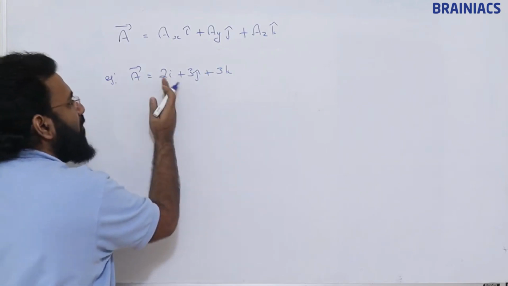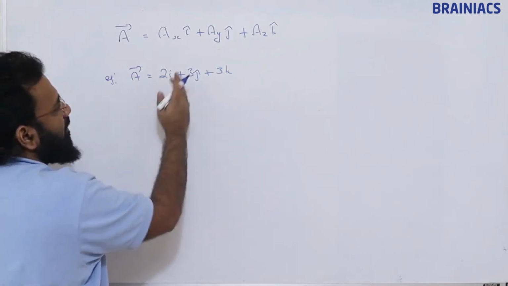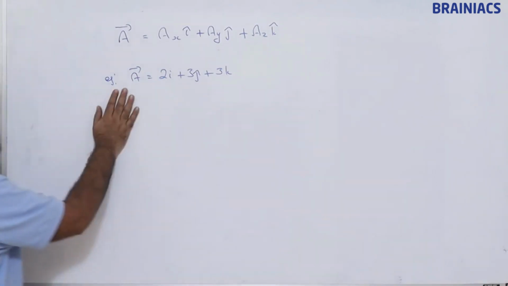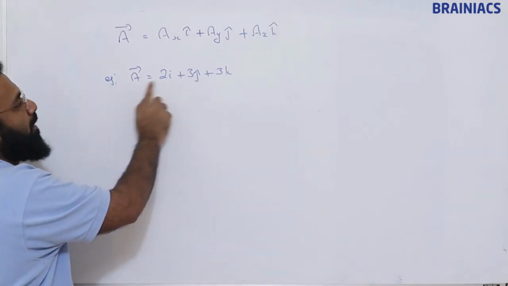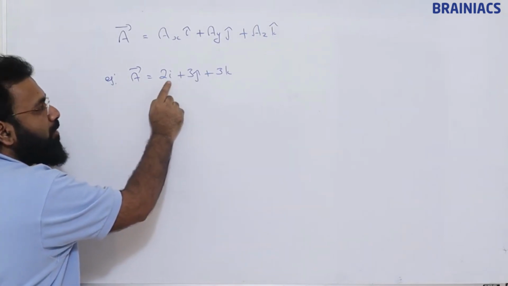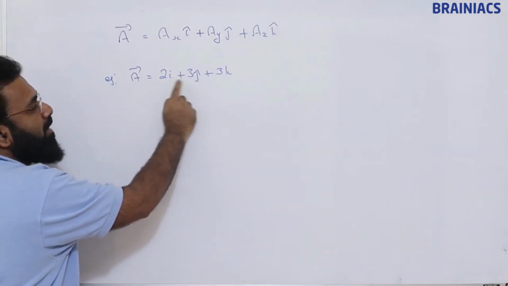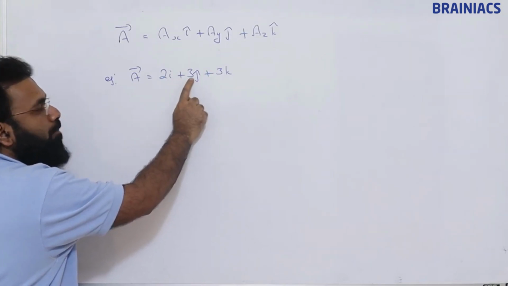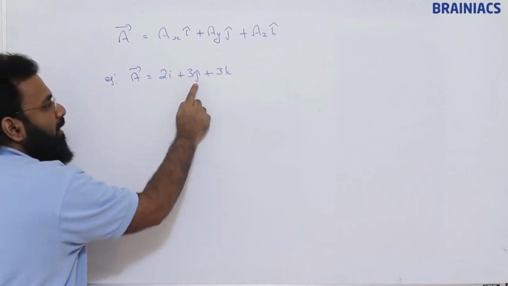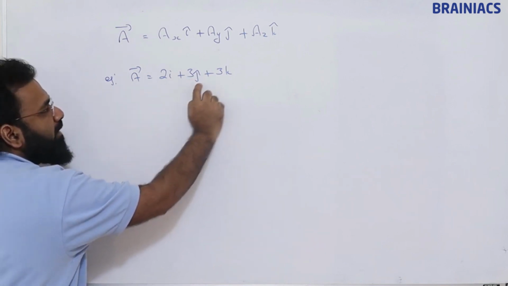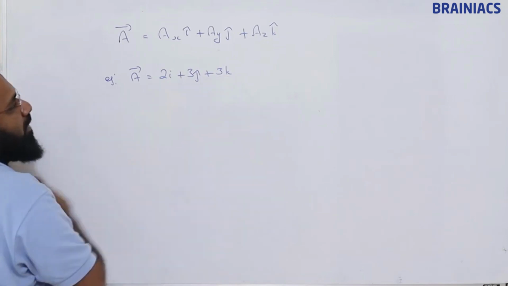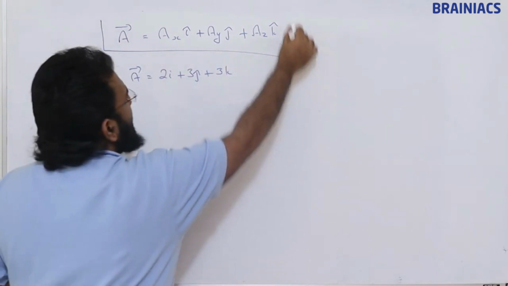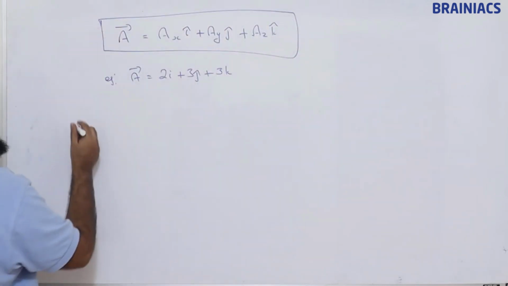So a three-dimensional vector can be understood like this: magnitude into its unit vector in the x direction plus magnitude into its unit vector in the y direction plus magnitude into its unit vector in the z direction.